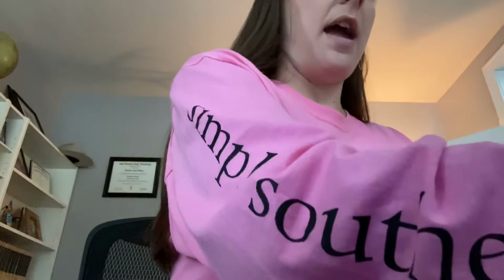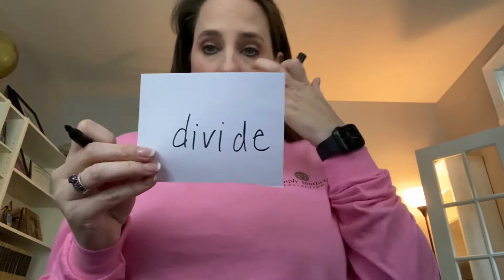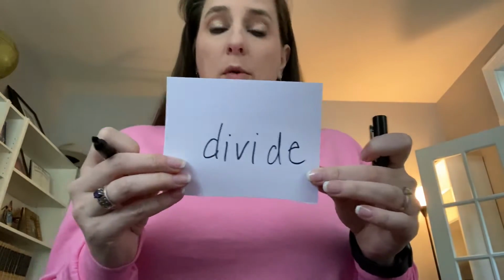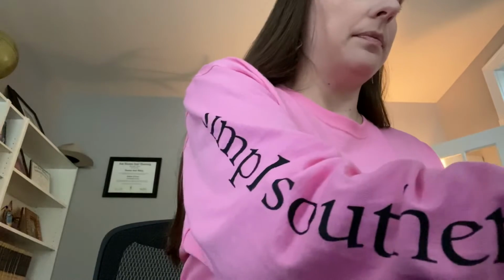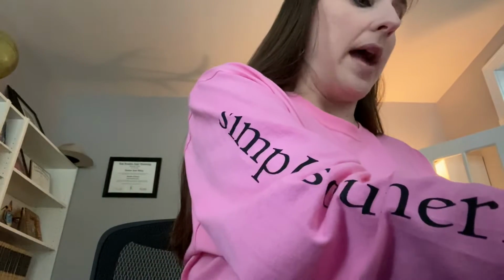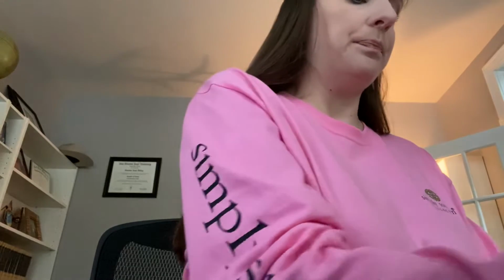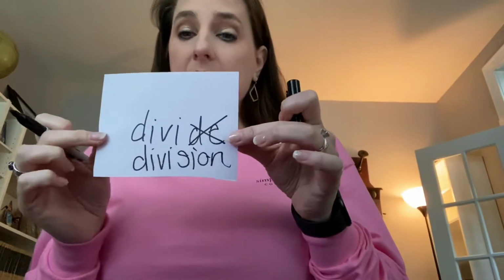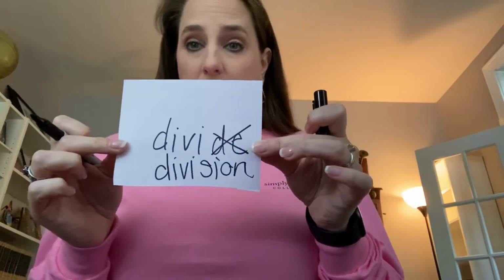Let me get my handy markers. If I have the word divide, I'm going to cross out the DE like this, and then add the SION to make it division.